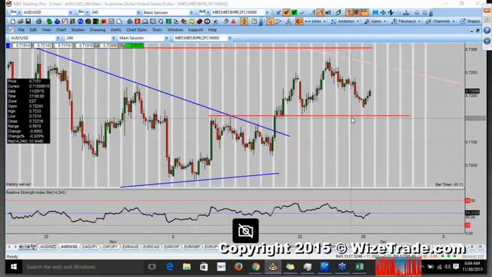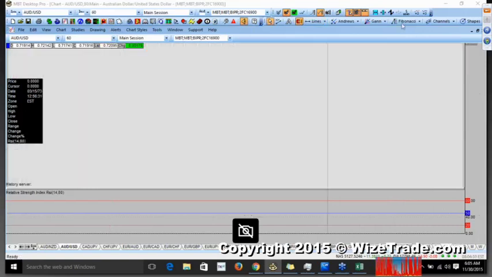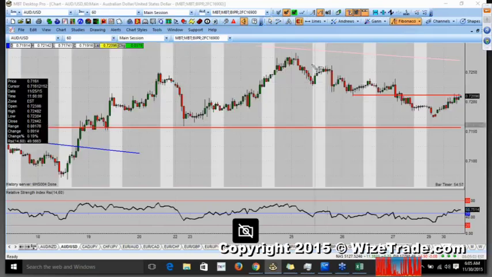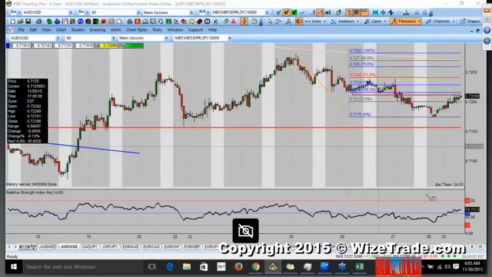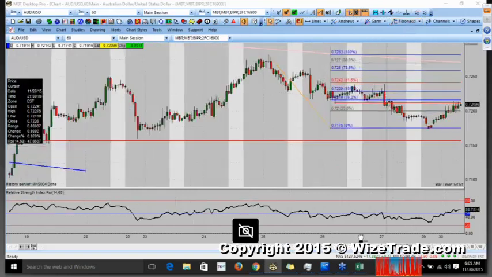Resistance should actually be right where we're at right now, but I don't know if you really want to stand in the way at the moment. Let's try something else here. That looks like about a 38% retracement from the high to low here. Pretty damn close.